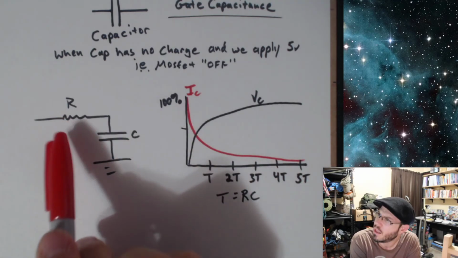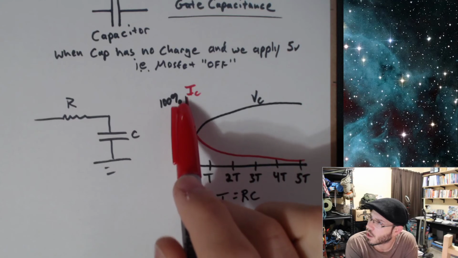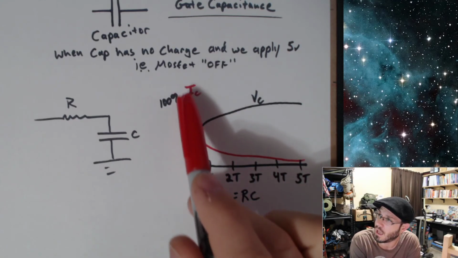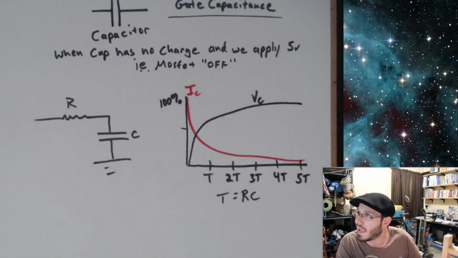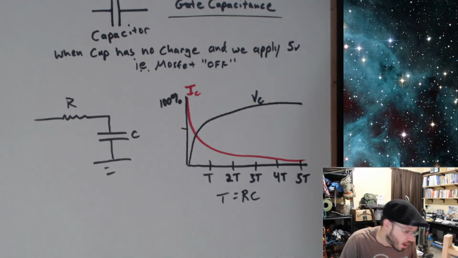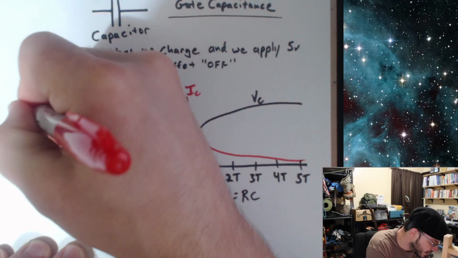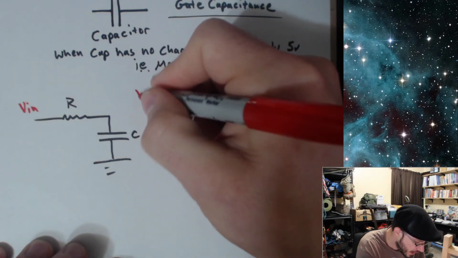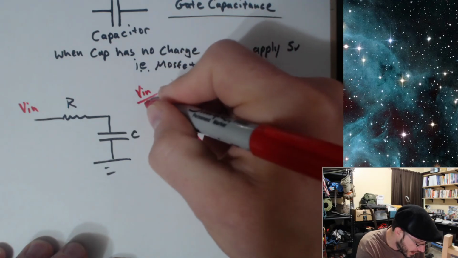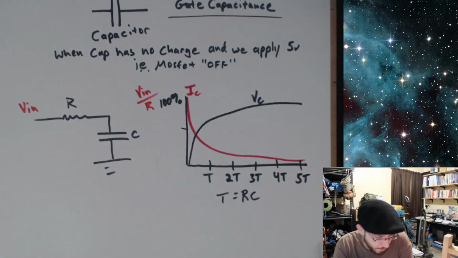Now over here, the max value of the current going through this capacitor would be determined by the voltage applied divided by R. So if we called this V in, then this would be equal to V in divided by R.